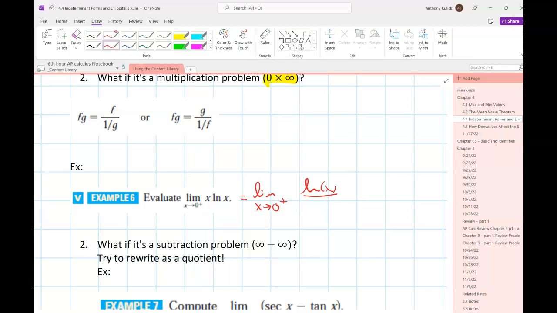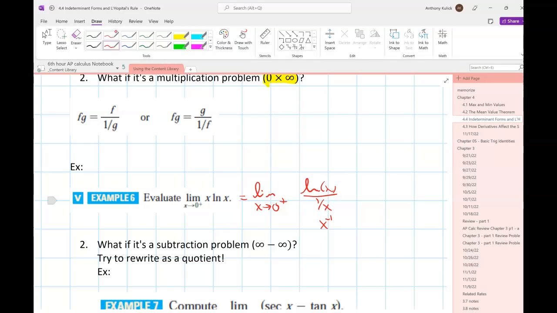I would do it this way. I don't want any part of that ln as a fraction. That just makes the derivative harder to deal with. If I can make the fraction a polynomial, that I like, because I'm just going to think about that as x to the negative 1.